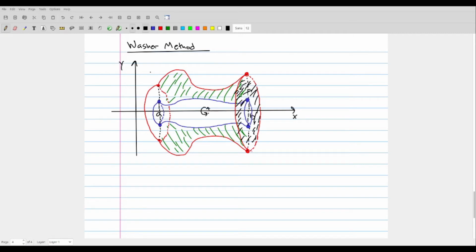So at any given point x, A of x is in the shape of a washer. The washer shape, by the way, if you're not familiar with it, a washer is exactly two concentric circles.